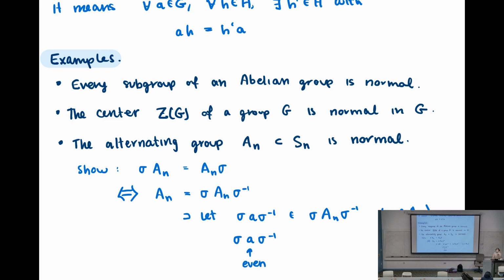Well, sigma and sigma inverse have the same parity. So if sigma and sigma inverse are both even, then this thing will be even overall. And if sigma is odd, then sigma inverse is also odd, and so again, this thing will be even overall. So since a is even, we have that this whole thing is even. So sigma a sigma inverse is an element of A_n.